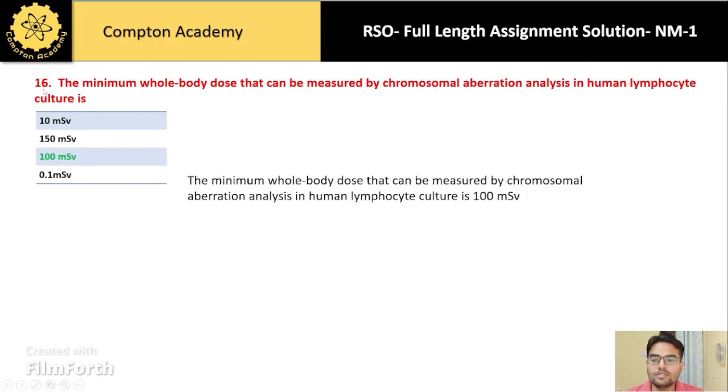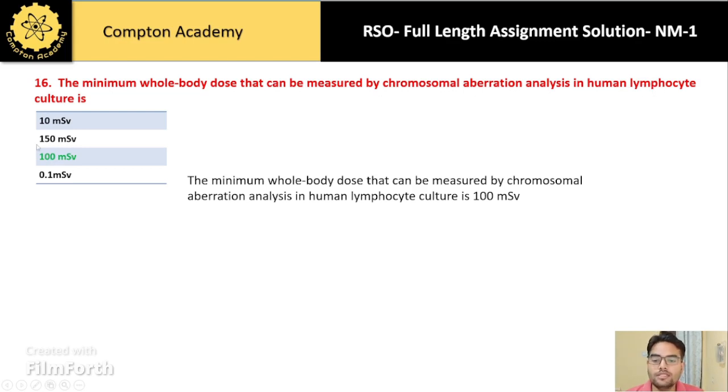Now question number 16: the minimum whole body dose that can be measured by chromosomal aberration analysis in human lymphocyte culture.